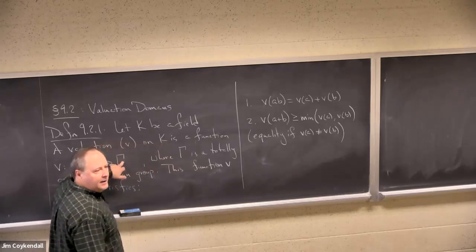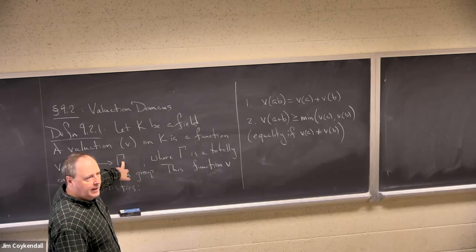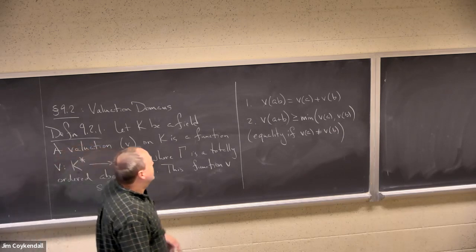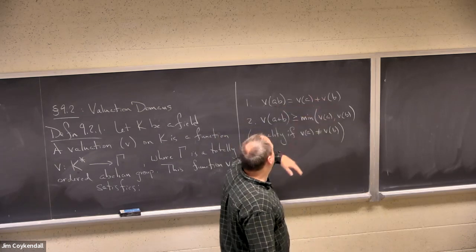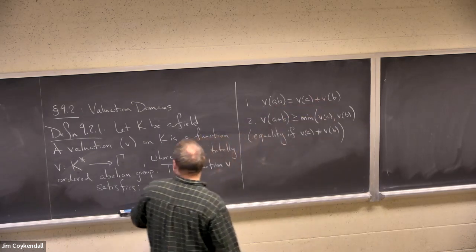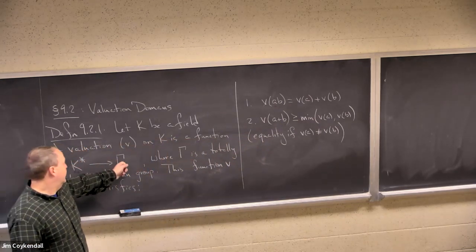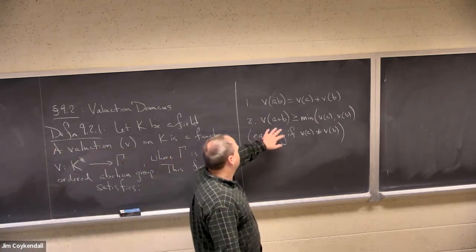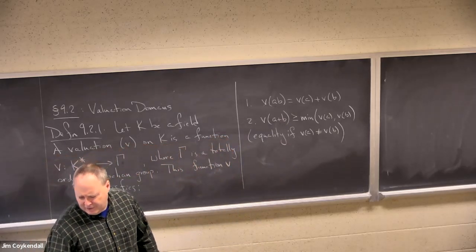Popular totally ordered abelian groups that you'll see for valuation domains are the integers, for example, or rational numbers, real numbers under addition. Basically, this converts multiplication to addition, so it's like a logarithm that way. So it's a homomorphism from the multiplicative group K star into this additive totally ordered abelian group. And it's sort of reminiscent of a triangle inequality.